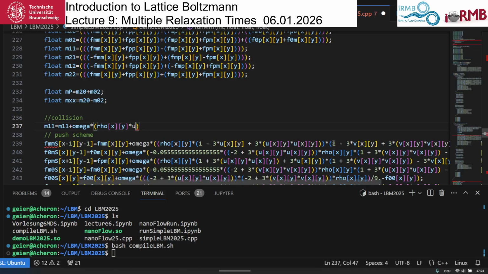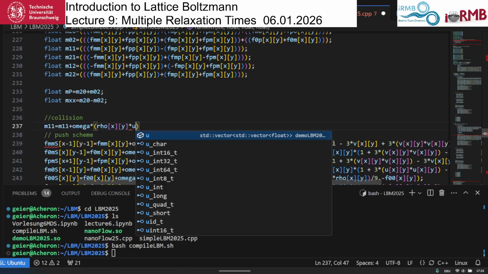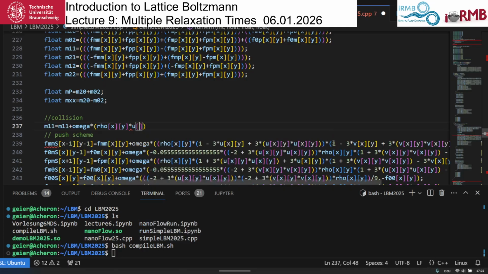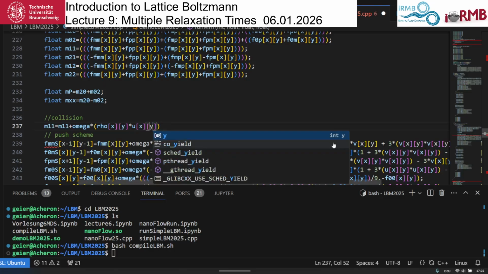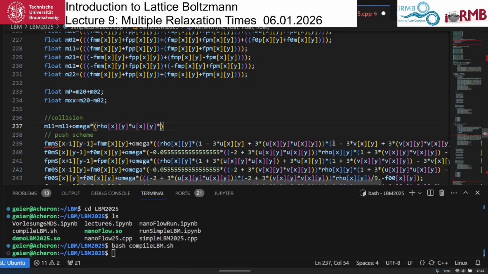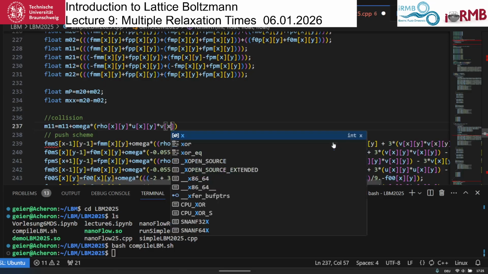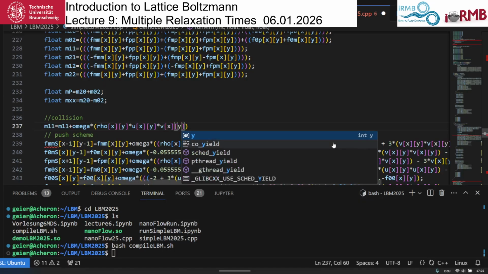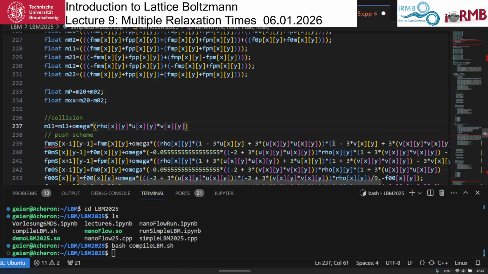U. Wait, is this U and V? Yes. X and Y times 3x and y. So that's the equilibrium minus M11.